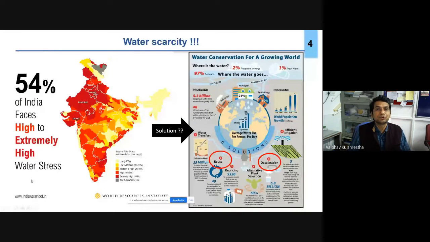This picture shows the water scarcity in India. You can see more than 54% of India faces high to extremely high water stress conditions. Rajasthan, Punjab, Gujarat, Delhi, Haryana, in fact Jammu, Kashmir, and some other states are also suffering from the same problem.